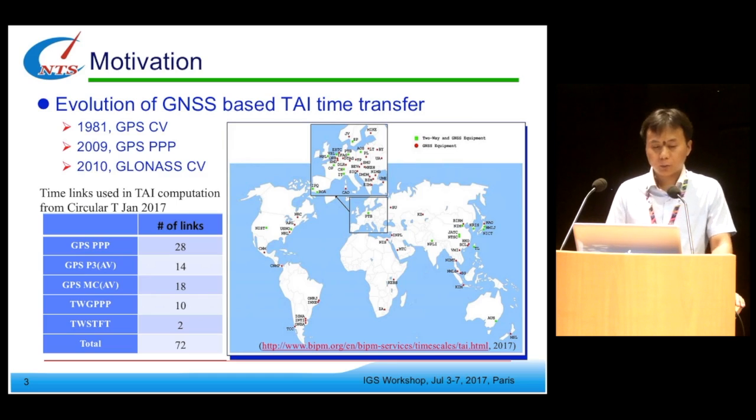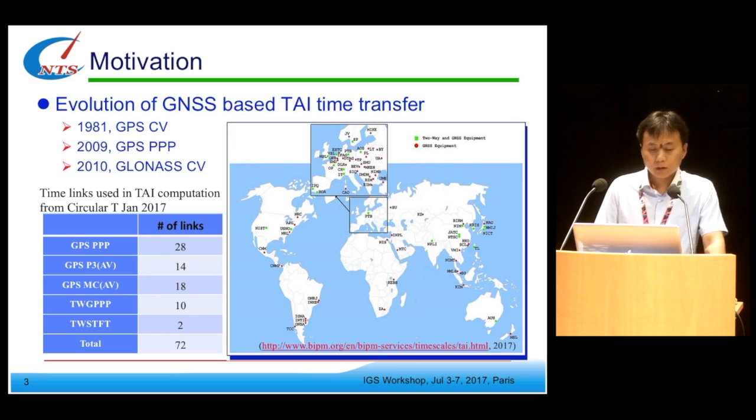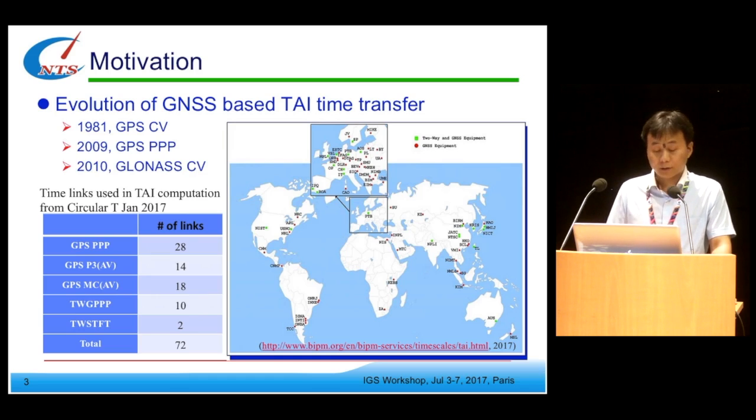From the table, we can see that there are totally 72 time links used in TAI computation from January 2017. Of these links, 70 links are related with GPS, and 28 links use the GPS PPP technique.